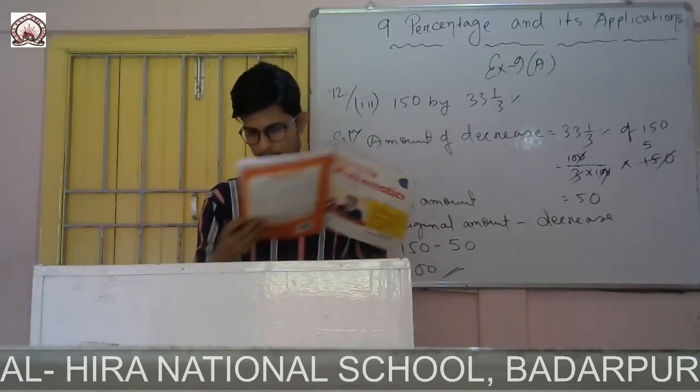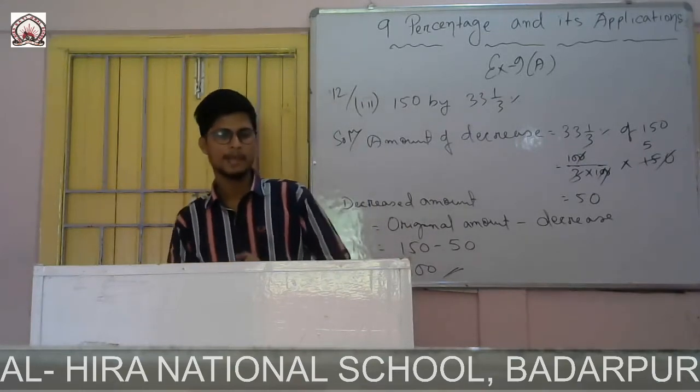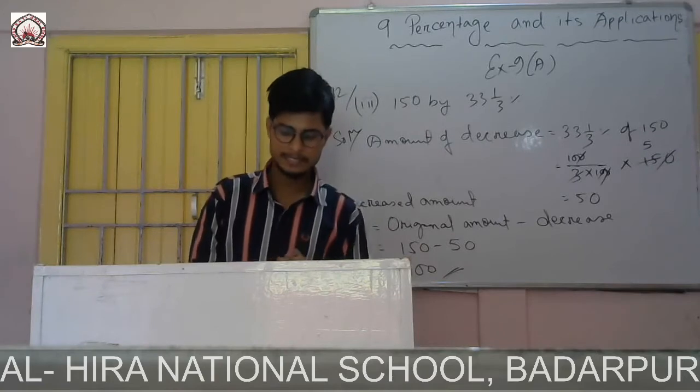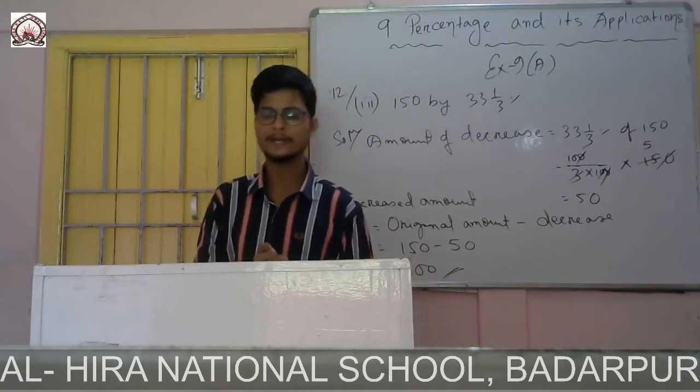Okay, now high order thinking, question number 20. If 15% of 40 is greater than 25% of a number by 2, then you have to find the number.